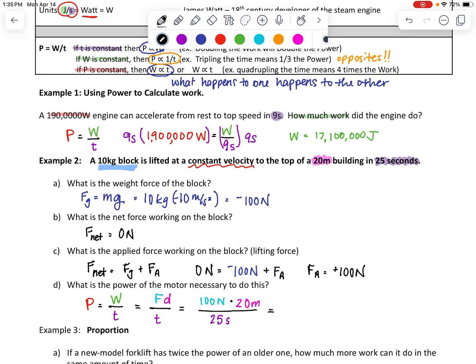When I do the math, I get 2,000 joules, so that's my work, divided by 25 seconds. That's going to equal my power of 80 watts.